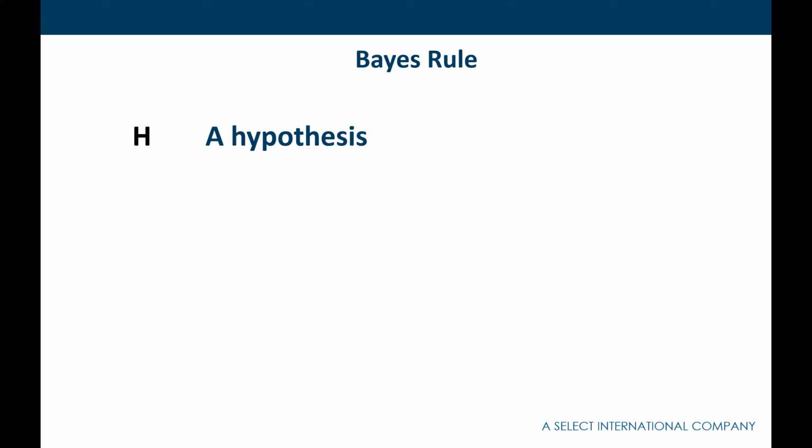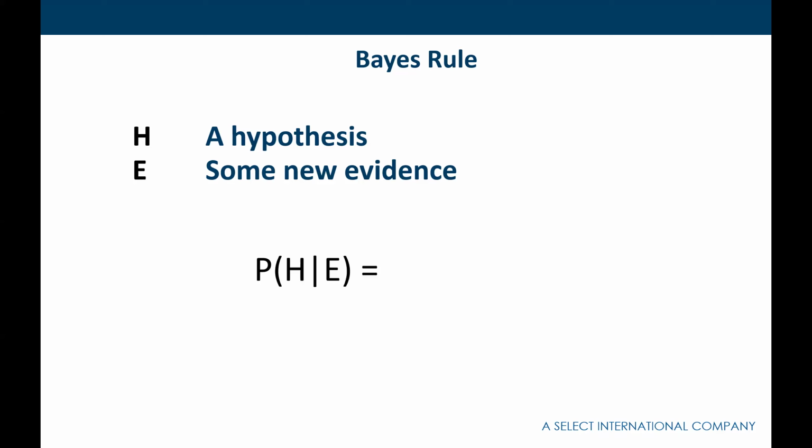Bayes' rule consists of a hypothesis, H, evidence, that's data effectively, E for evidence, and the relationship between that and the probability. So hypothesis and evidence. So it looks like this: P(H given E) is equal to P(H) times P(E given H), which is a mouthful, I know.